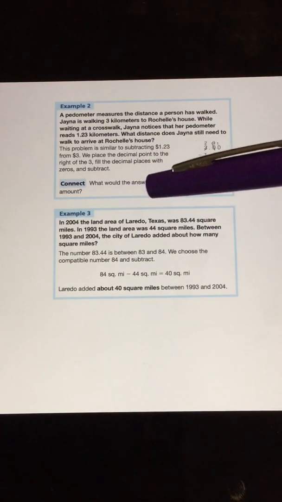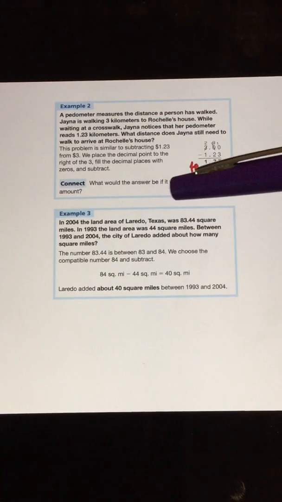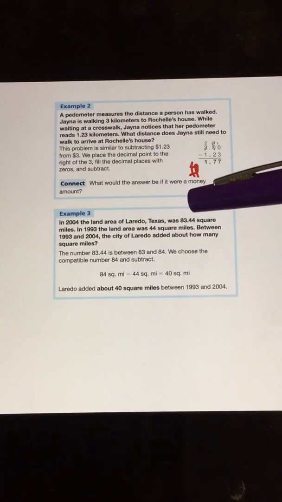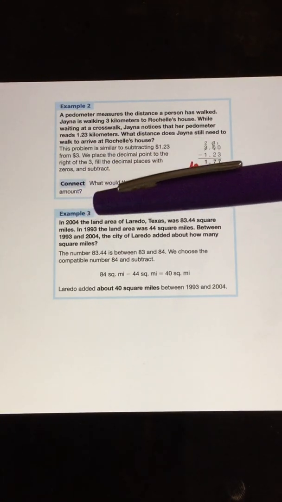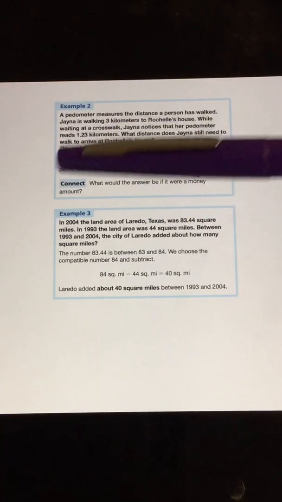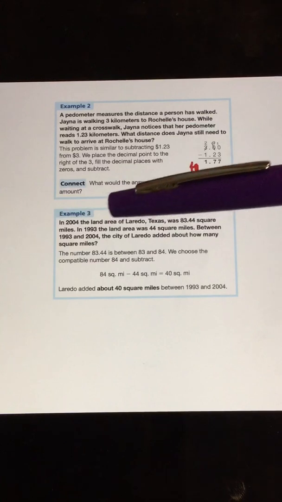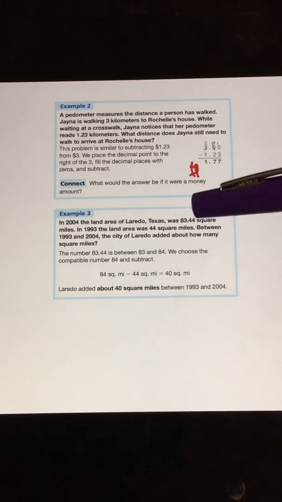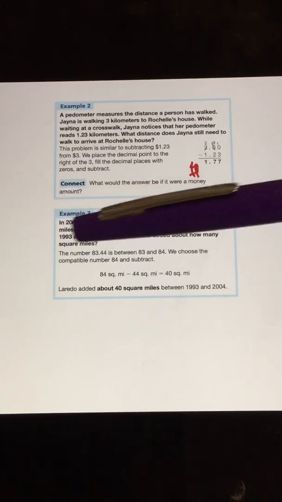All right. Example 3. In 2004, the land area of Laredo, Texas was 83.44 square miles. In 1993, the land area was 44 square miles. Between 1993 and 2004, the city of Laredo added about how many square miles?